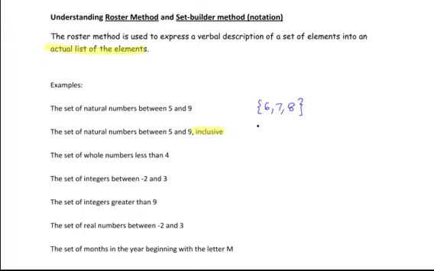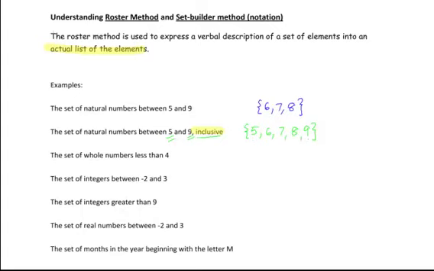So this set will be written as starting with 5, so 5, 6, 7, 8, and 9. Note that the word inclusive told us the number 5 had to belong, so we included it here. The number 9 had to belong also, so we included it here.